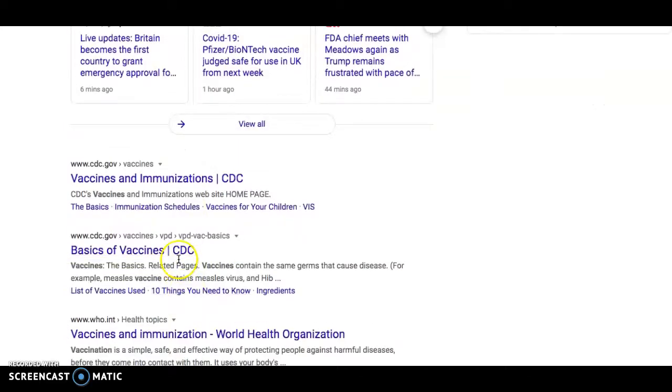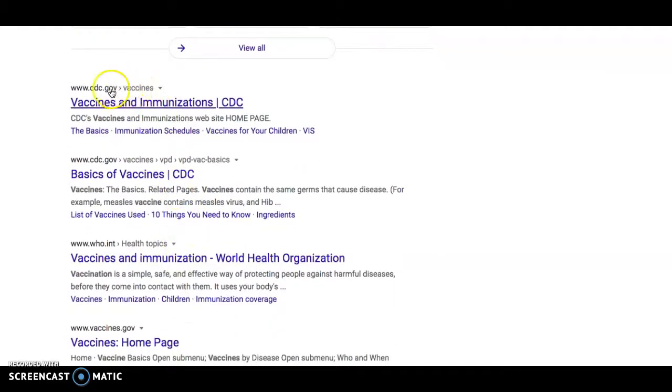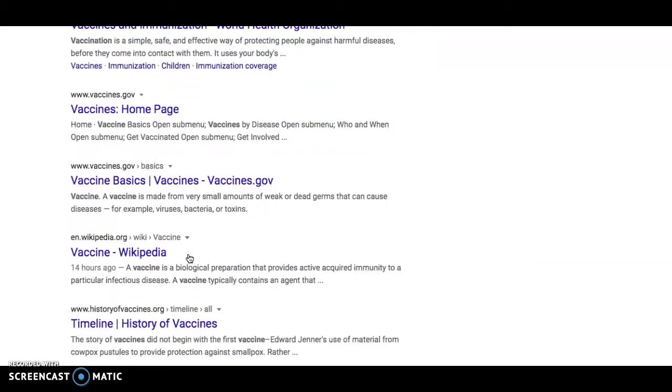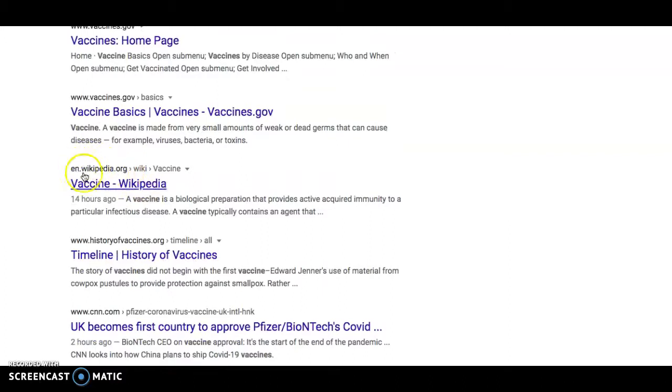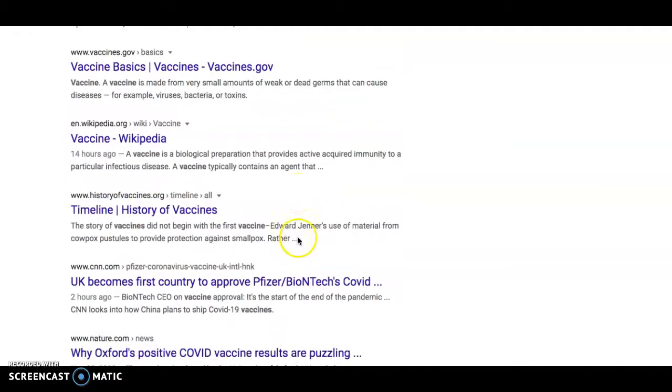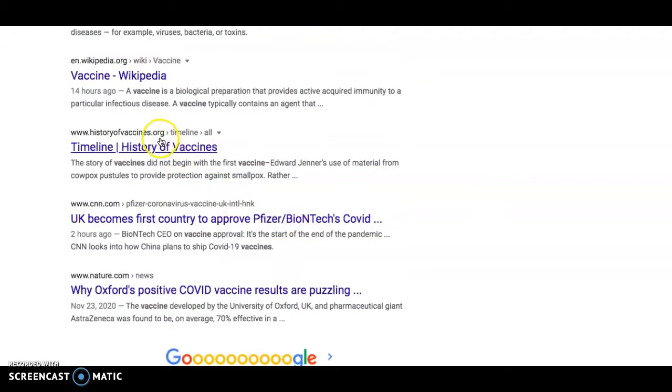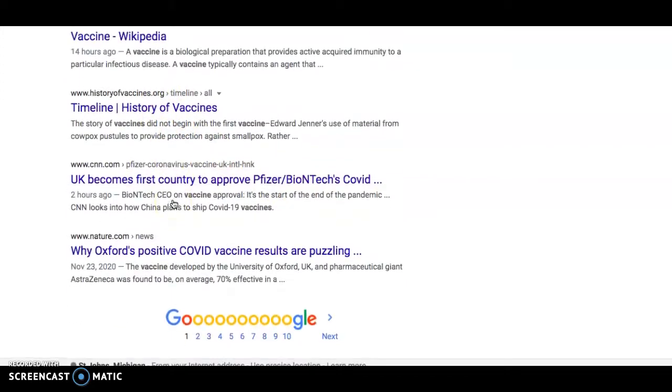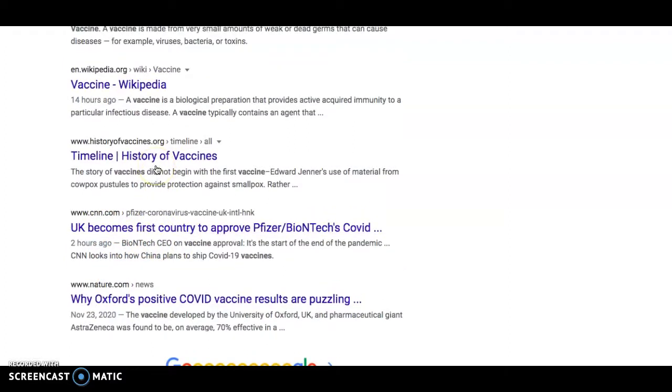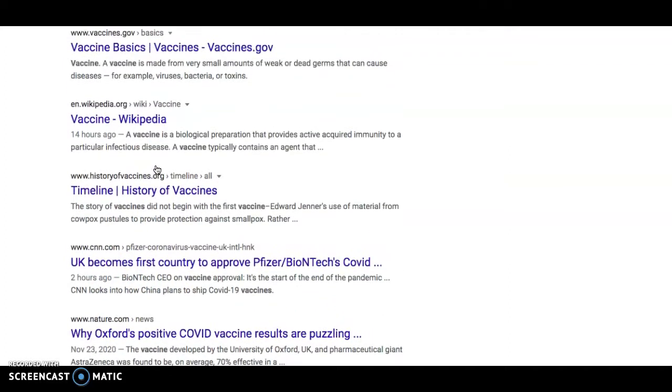And then I would try to find a credible source, like cdc.gov is a credible source, anything .gov. I would say Wikipedia I would stay away from if you can. There's obviously historyofvaccines.org. Then you start getting into your .coms. I would stay with your .orgs, .nets, .edus, and .coms if possible.